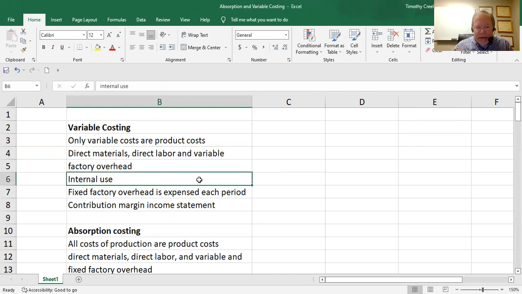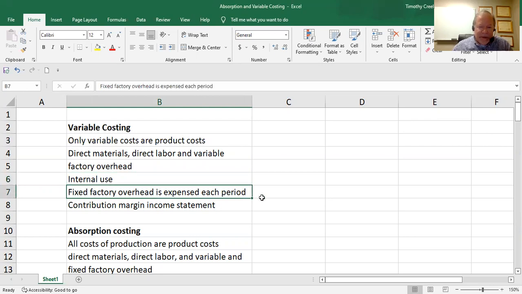One distinguishing thing with variable costing is it can be used only for internal use. You'll find that it's very helpful for internal uses, but anything reported using variable costing cannot be reported on any external financial statements or external reports.